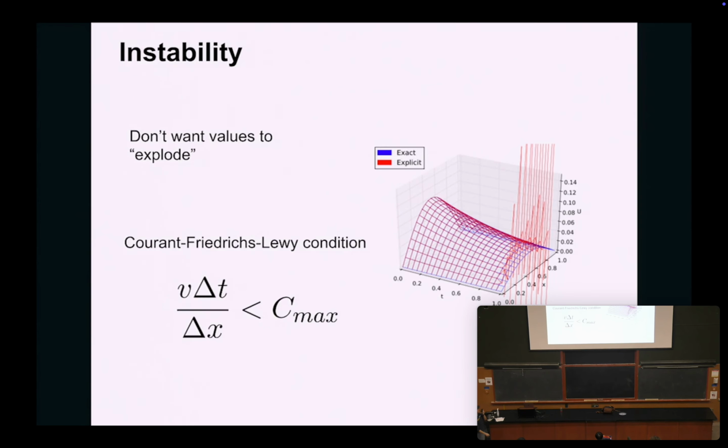The intuition is that if I have a bunch of grid cells and the fluid is moving with some velocity, and I specify the time step, I don't want it going more than how far my grid cell is. That means it's going faster than what I can capture. For C max, it should be 1, but usually we use 0.9 or 0.8 just to be safe, so the ratio of how fast the shock wave or fluid is moving isn't faster than what we can capture.